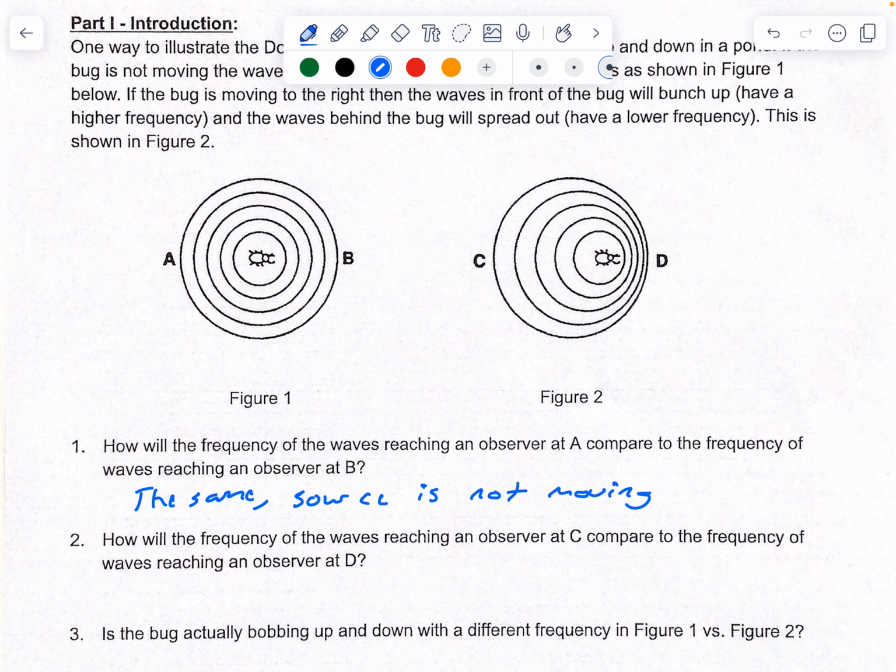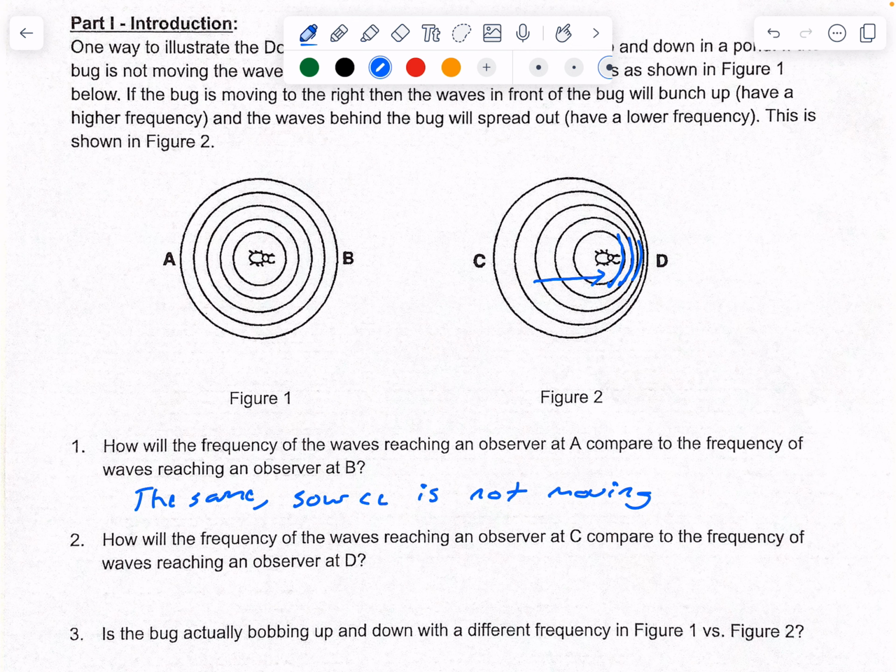So number 2, how will the frequency of the waves reaching observer C compare to the frequency of the waves reaching observer D? In the Doppler effect, pretend this is a sound wave, when you start moving in this direction, these waves start to bunch up in front of the bug, and it starts to create a higher frequency because those wavelengths are getting shorter.